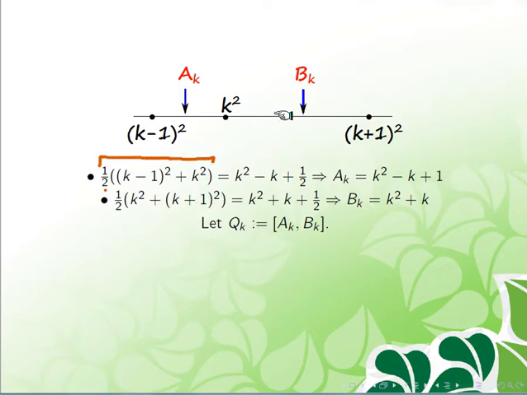And to the right, bk is the midpoint of k plus 1 squared and k squared. So applying the midpoint formula, we get the left one. Fortunately, this turns out to always be a half integer, not an actual integer, so you can decide how many integers are close to that. This exact midpoint is never an integer, so there won't be any integer that has the same distance to the left and right.